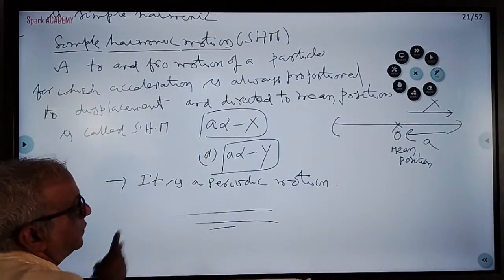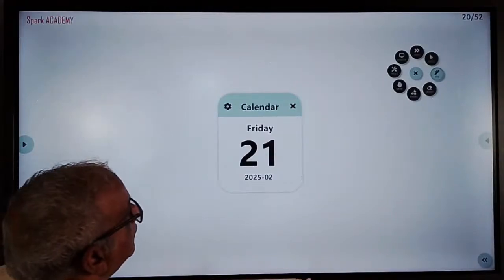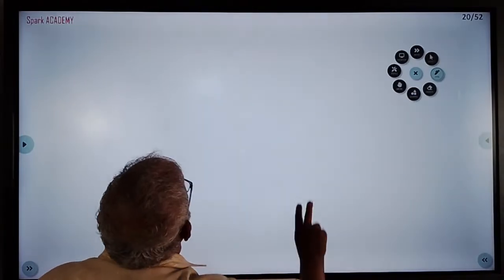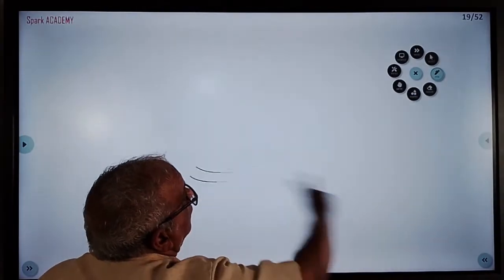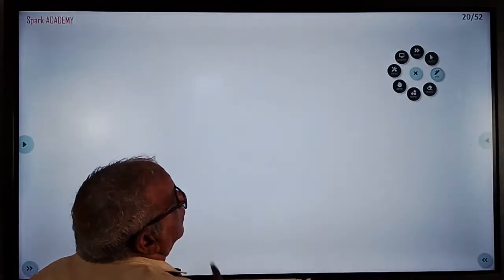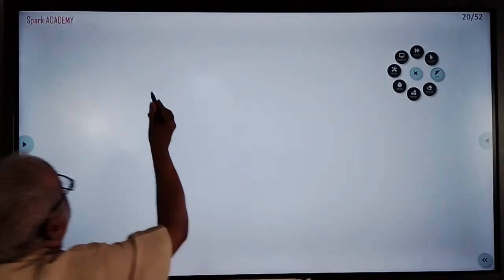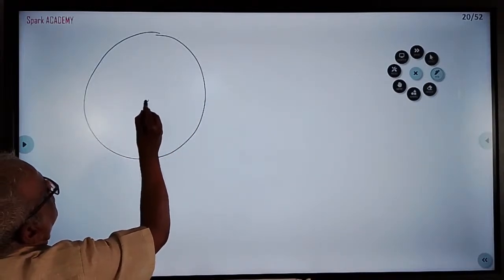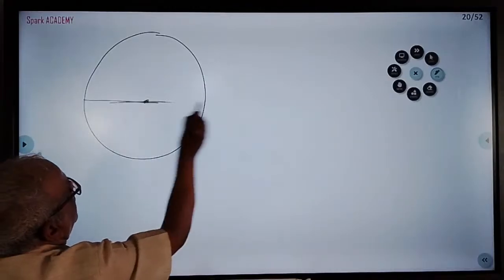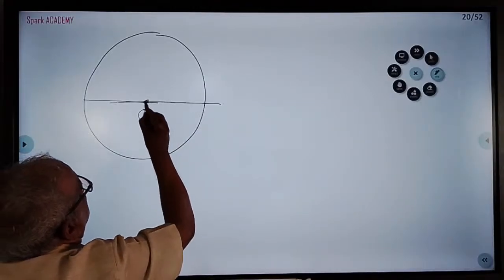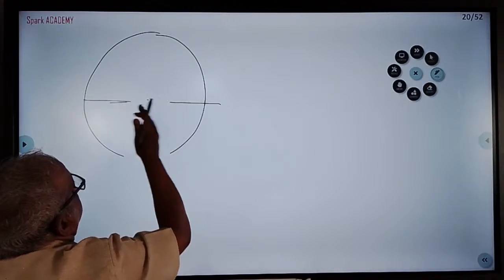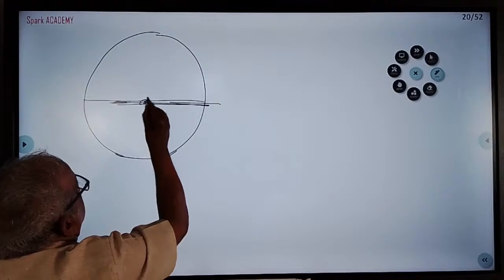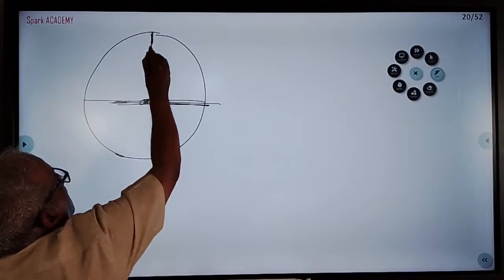Now I am drawing the diagram, students. This is the circle. This is the center O. I am drawing the x-axis and the y-axis also.